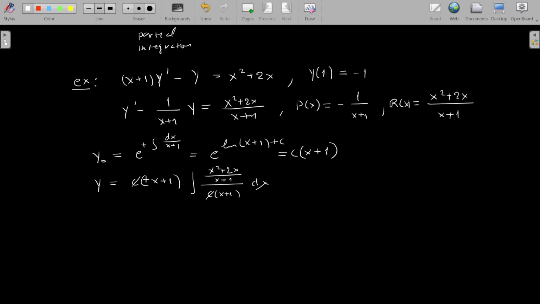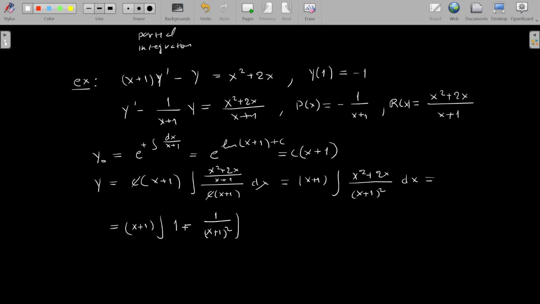The constants always go away, and this is x plus 1 times the integral of x squared plus 2x over x plus 1 squared dx. Now, if you notice, this can be written as a perfect square by adding 1. So it can be written in this form if you add 1, and you now have to subtract what you added, which is 1 over x plus 1 squared dx.